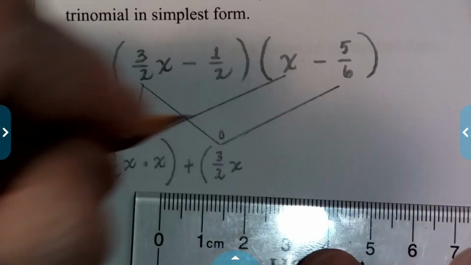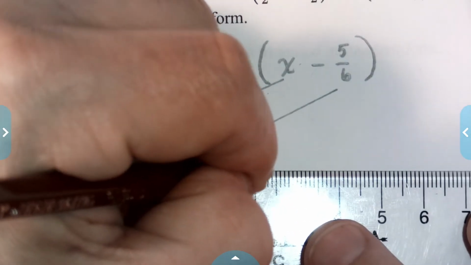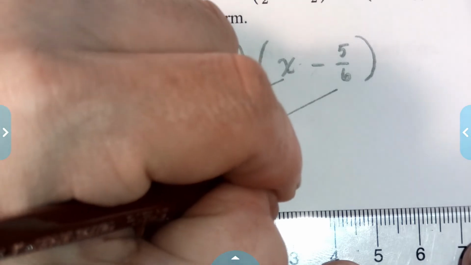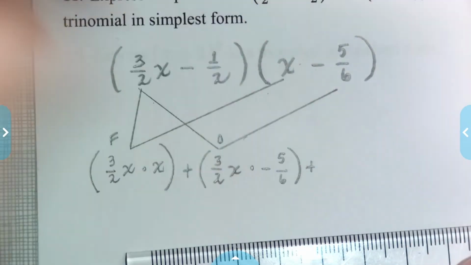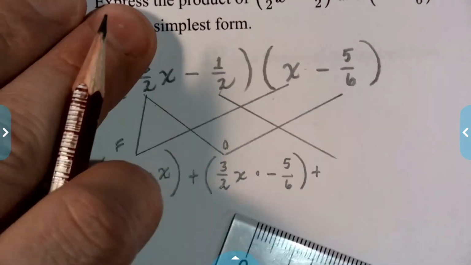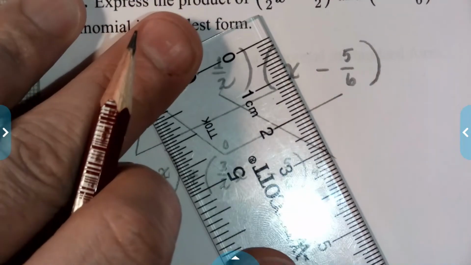And then in parentheses, what's really going on is 3/2 x times negative 5/6, plus inner times inner. All right, so go inner times inner.